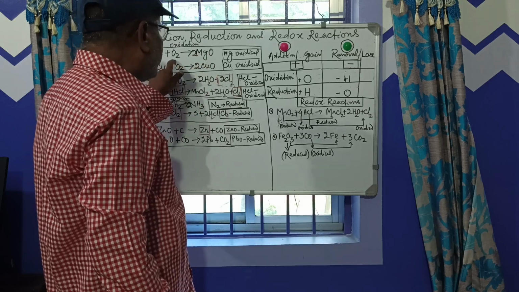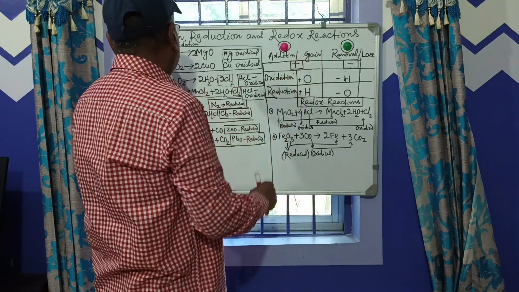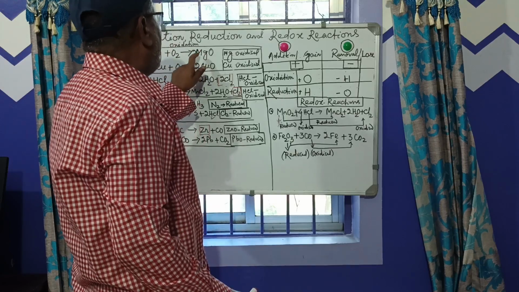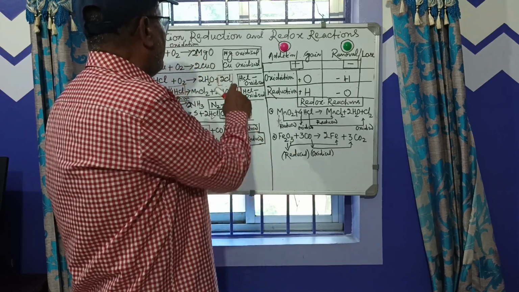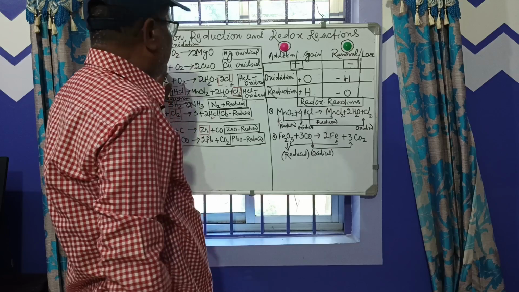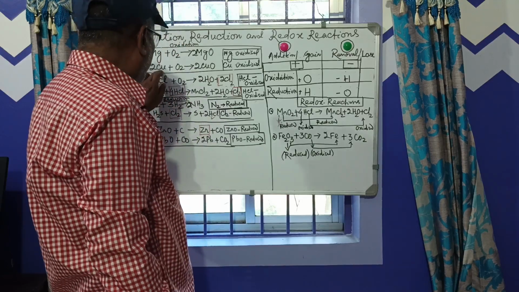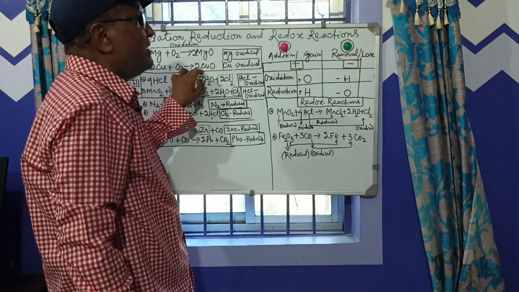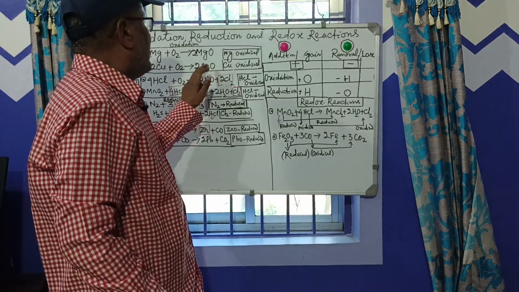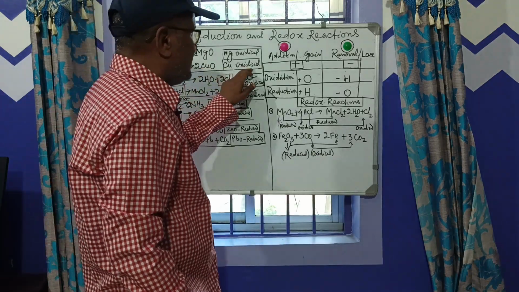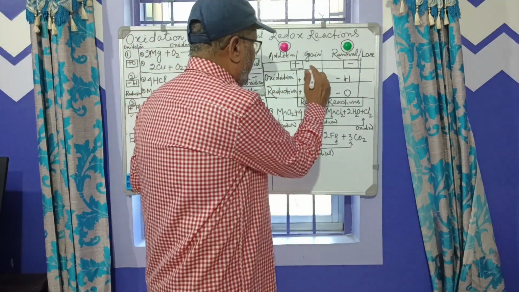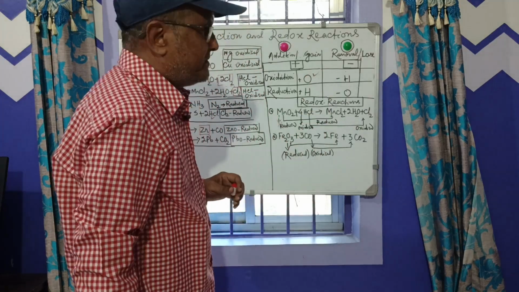Magnesium gains oxygen here to form magnesium oxide, so magnesium is oxidized. In the second example, copper gains oxygen to produce copper oxide. Copper is oxidized. So this is the first condition.